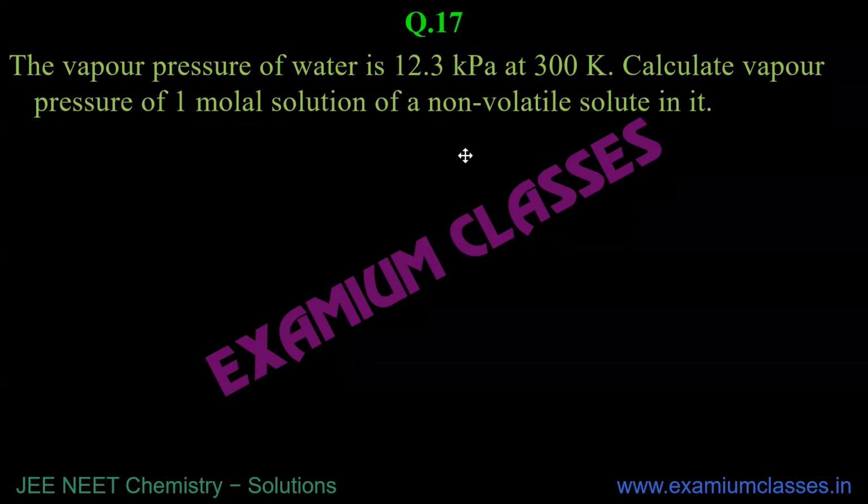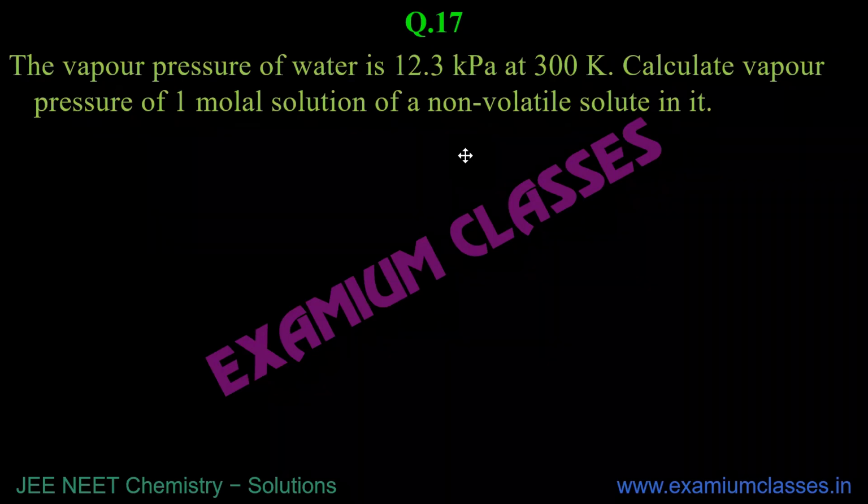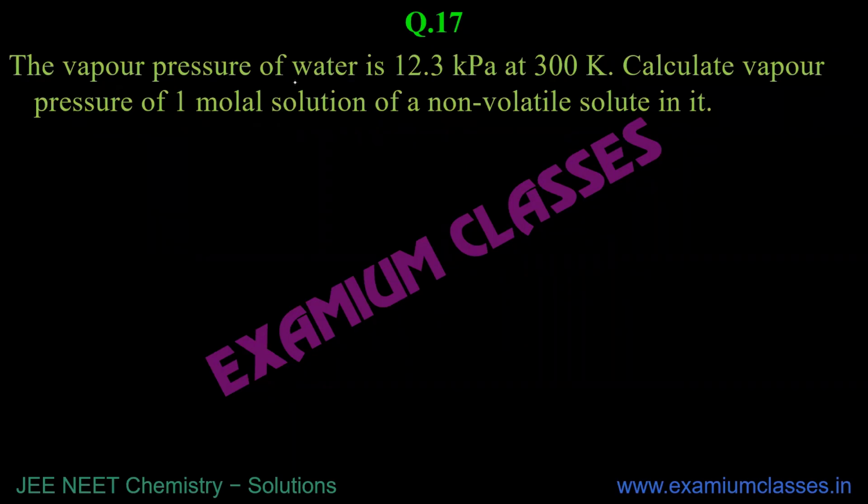Now remember, we are again talking about the lowering of vapor pressure, the relative lowering of vapor pressure, because the vapor pressure of pure water is this much. P naught is given as 12.3 kilopascal. Calculate vapor pressure means P is to be calculated.